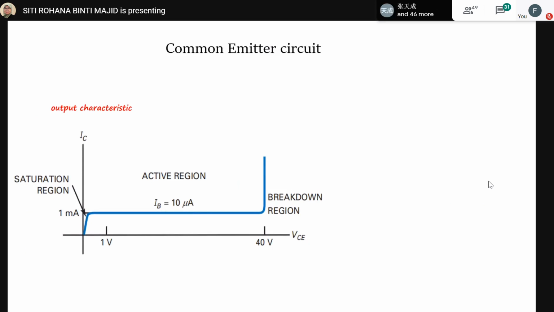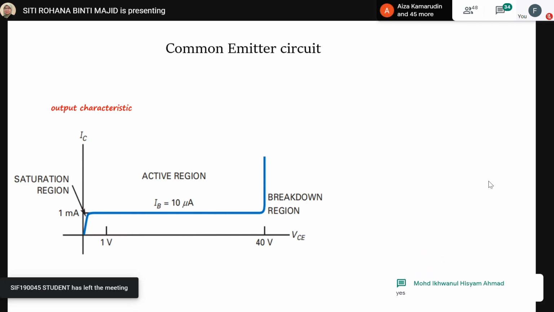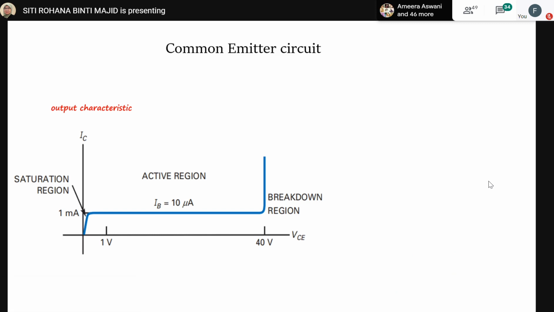Can you see my slide? SRF 190045. Can you see my slide? Oh, cannot see anything. Okay. Okay. Now my voice, is it lagging, or I mean still lagging, or you can clearly hear my voice?